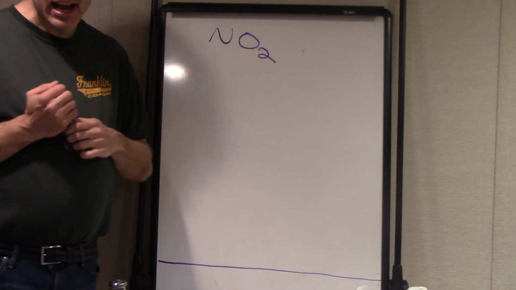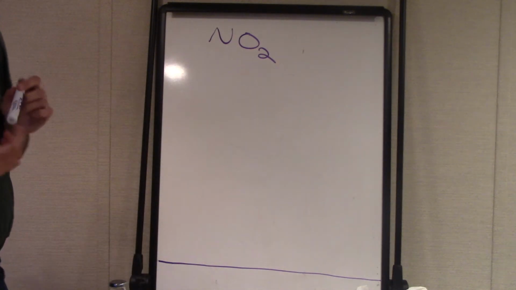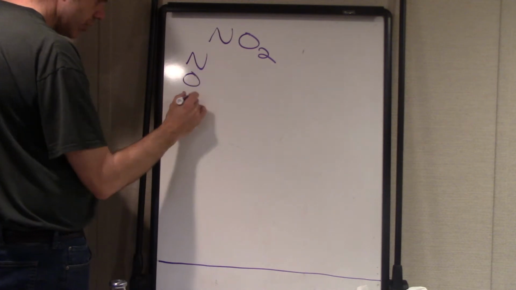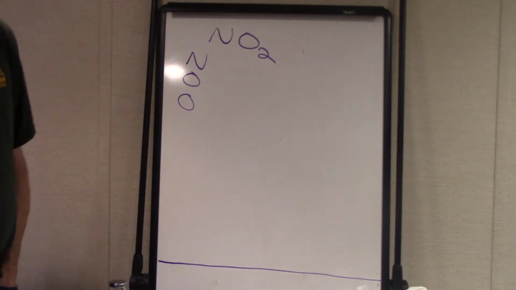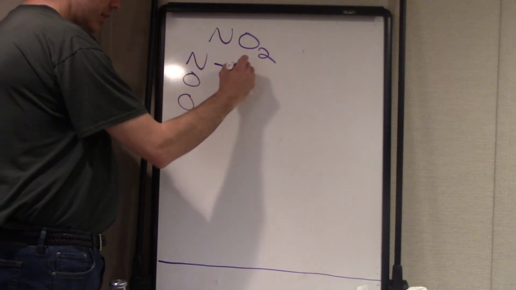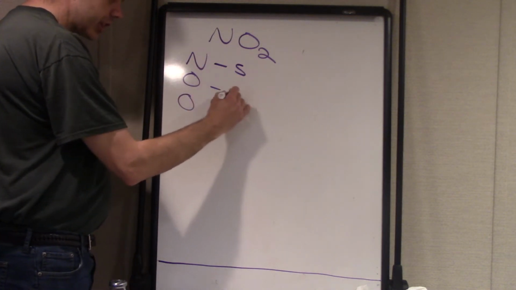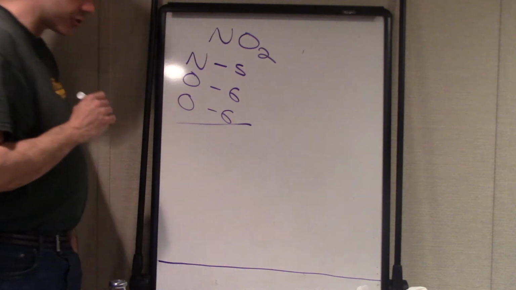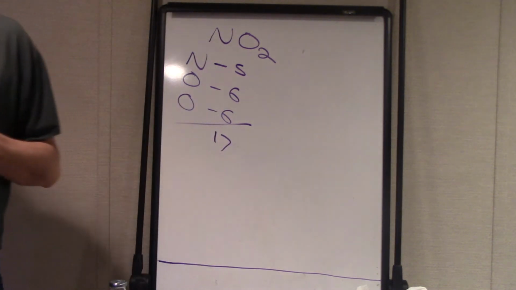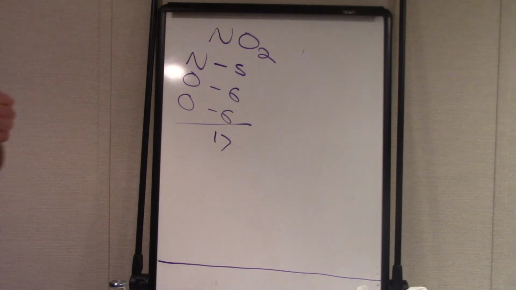Nitrogen dioxide. This is a gas. So when we write out this Lewis structure, we'd start the same way we would start anything else. Nitrogen's in group 5A for 5 valence electrons. Oxygen's in group 6A for 6. We see we have 17 electrons, an odd number.